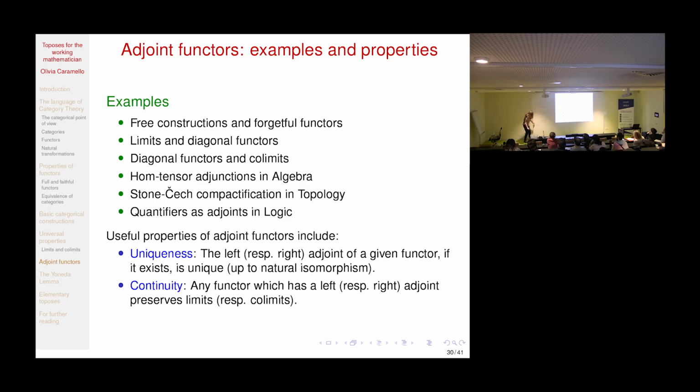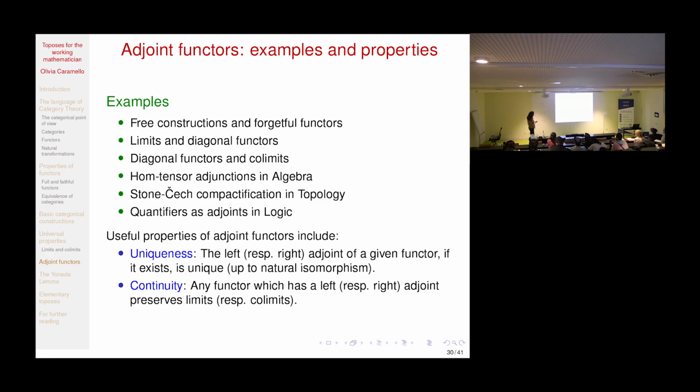And so you see that lim is here on the right. So it is the right adjoint, and delta is on the left. In a dual way, we get that diagonal functors are right adjoint to colimits. Okay, good.